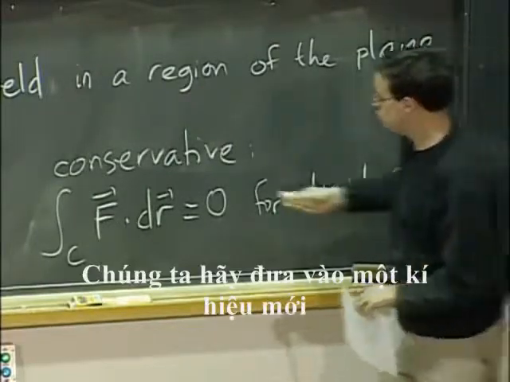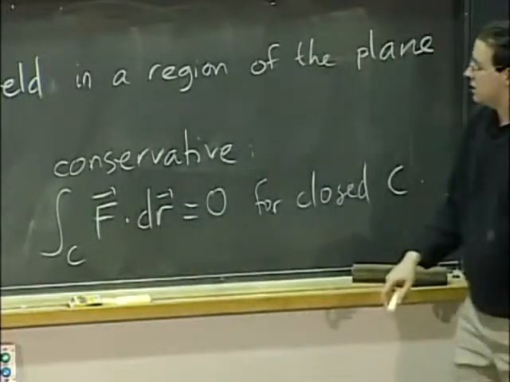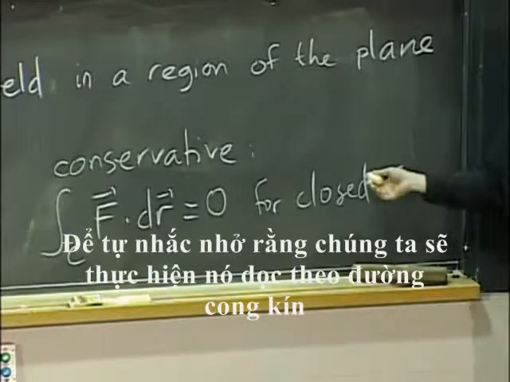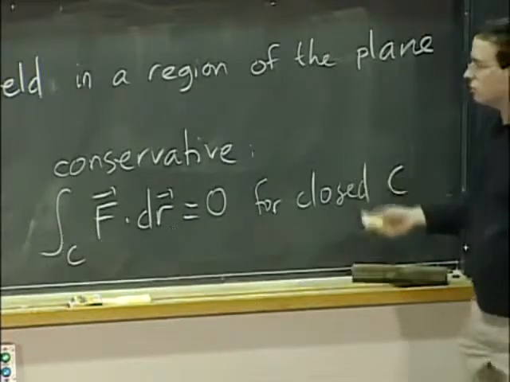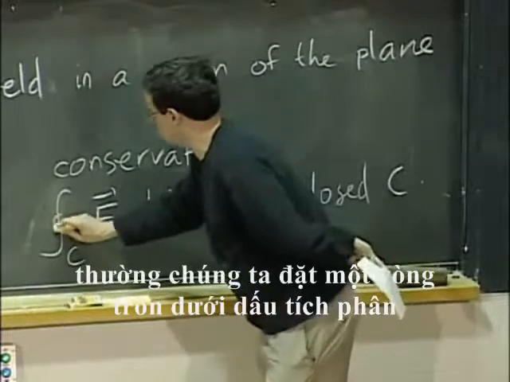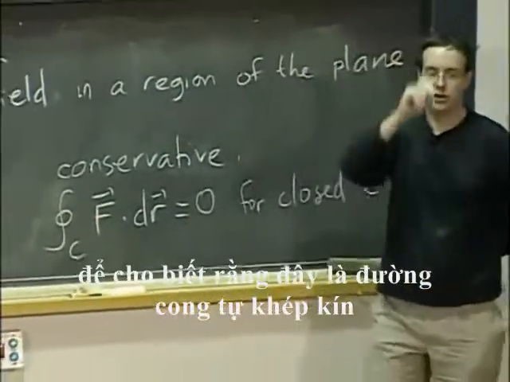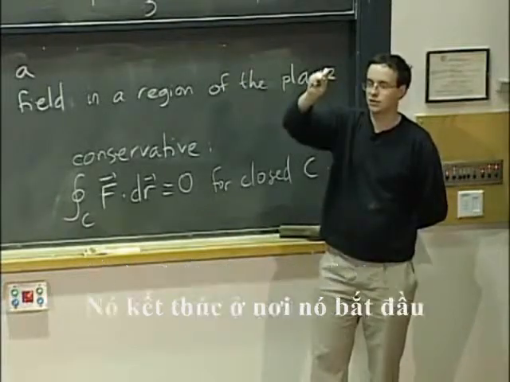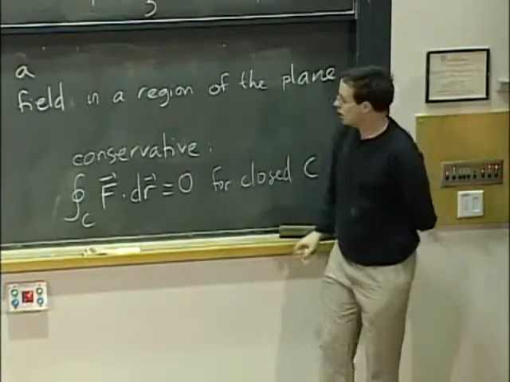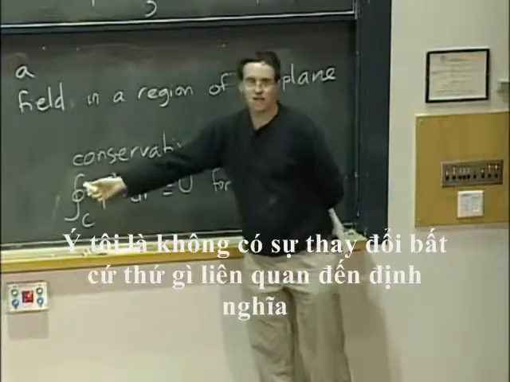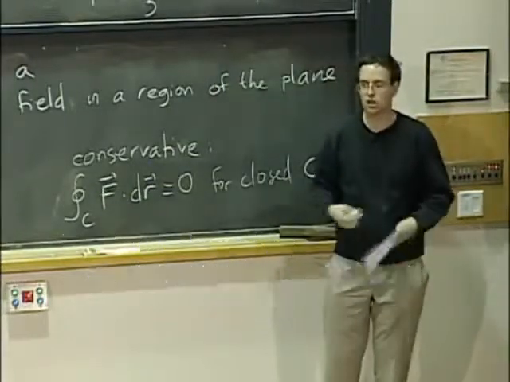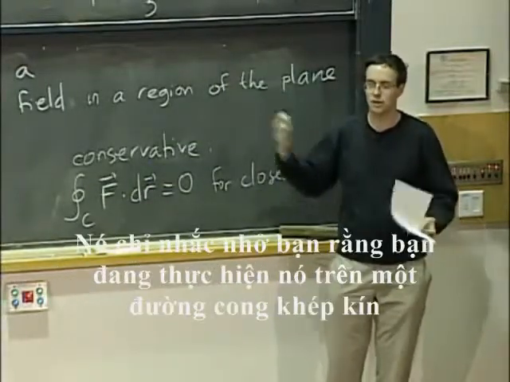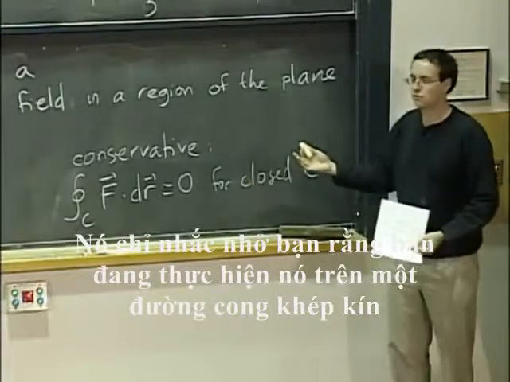Let me introduce a new piece of notation. To remind ourselves that we're doing it along a closed curve, very often we put a circle through the integral to tell us this is a curve that closes on itself. It ends where it started. It doesn't change anything concerning the definition or how you compute it. It just reminds you that you're doing it on a closed curve.